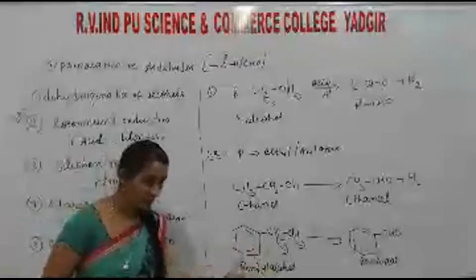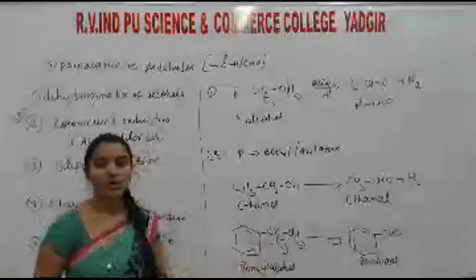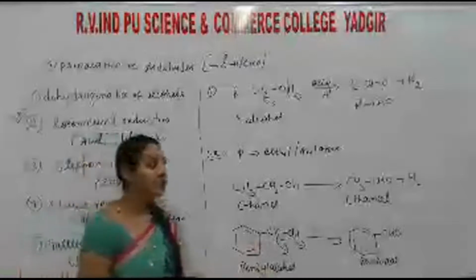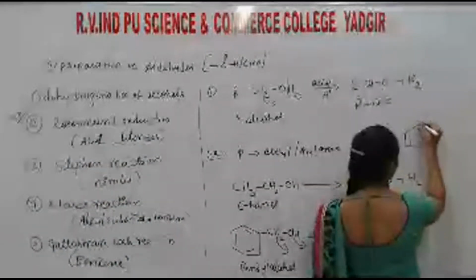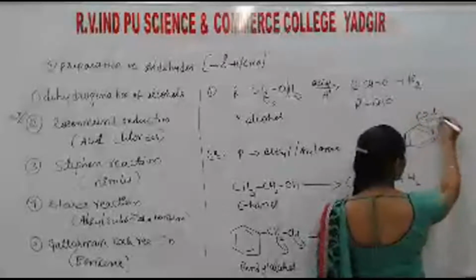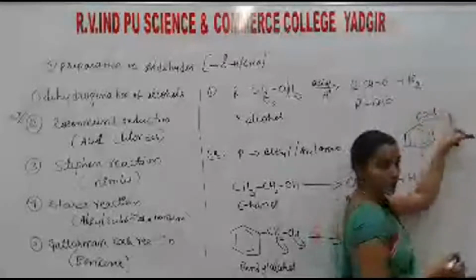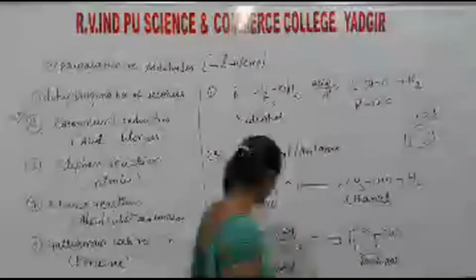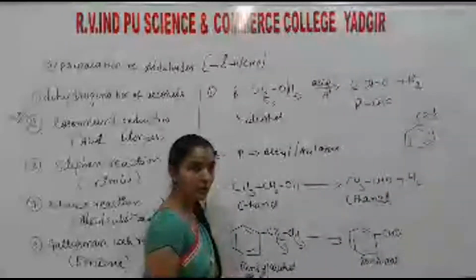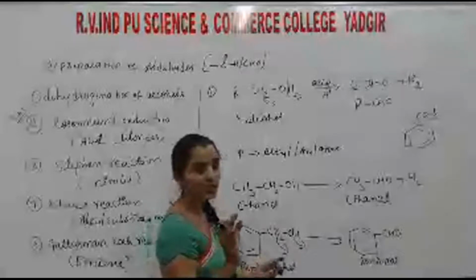Benzyl means this benzene ring is attached to one carbon. What is benzoyl? If the ring is attached to COCl, an acyl halide, this is benzoyl. This one is benzyl. Only the spelling, the one letter difference, you have to remember.